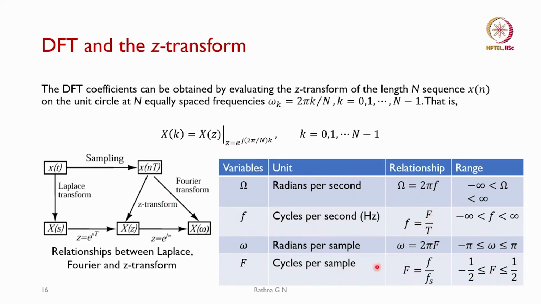As you can see, cycles per sample, that is f by fs, also varies between minus infinity to infinity. And omega we usually represent in radians per sample, and omega is equal to 2 pi f, which varies between minus pi to pi, or it can vary between 0 to 2 pi, and this is between minus half less than or equal to f less than or equal to half. So, this is the relationship with respect to the z transform and the DFT.